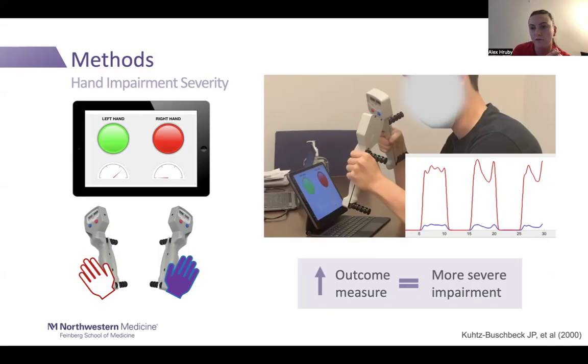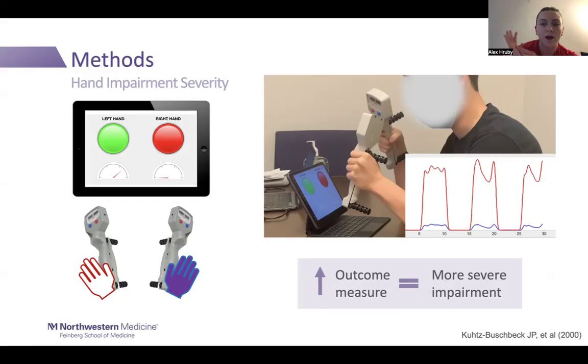But basically that is an overview of all the data that we have from the project so far. We have imaging data, which gives us an idea of those pathways and how they're affected in each hemisphere of the brain. We have this grasp strength data and mirror movement data that I've gone through and given a severity for.